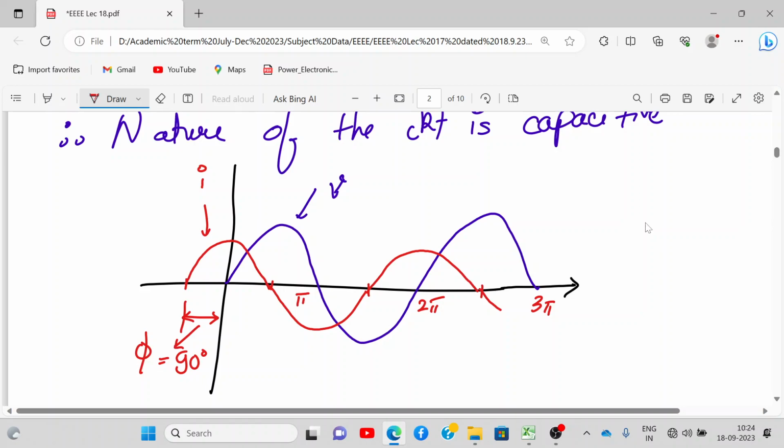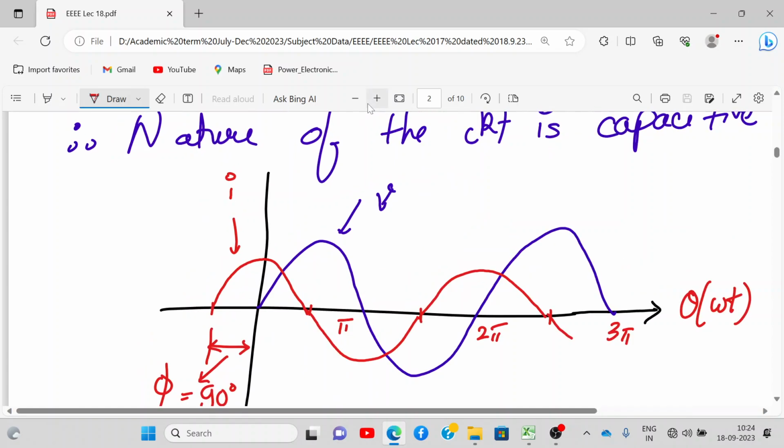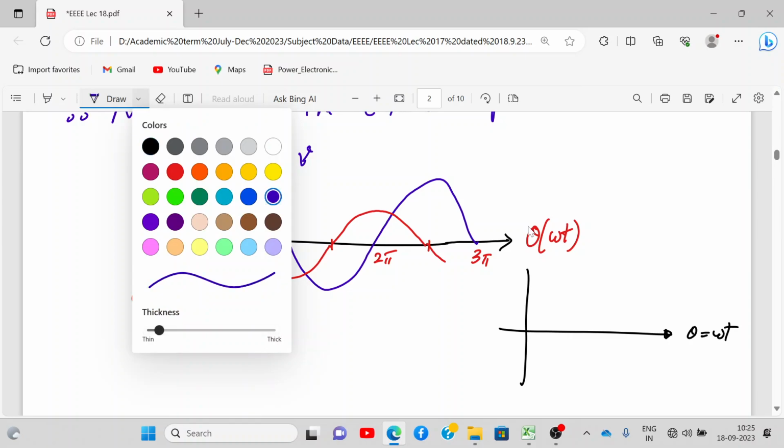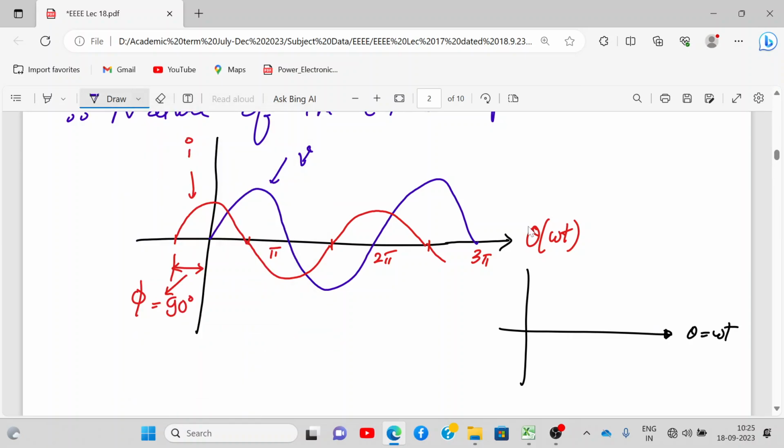Draw the phasor diagram next. X-axis is what? Theta equal to omega t. Please draw the phasor now next. So how will be my phasor diagram? So if this is theta equal to omega t, and if this is V, where will be I?